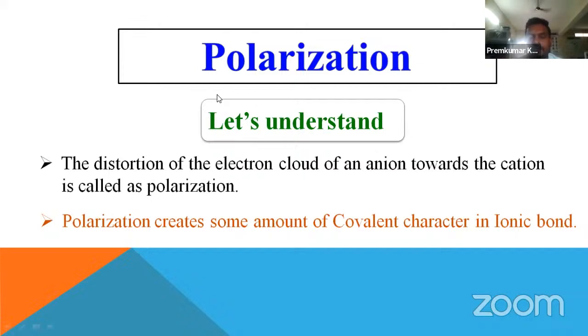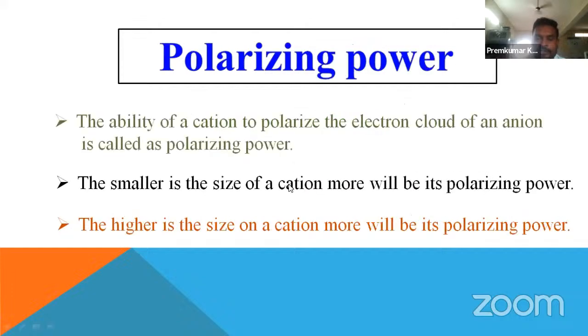For example, first I will explain to my students polarization. I will explain the definition of polarization, that is, distortion of the electron cloud of an anion towards a cation. It is called polarization. Because of this polarization, there is some amount of covalent character in that ionic solid.